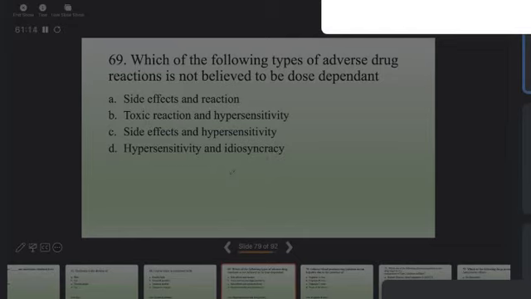So what is idiosyncrasy? Drug tolerance. Right, drug tolerance. Okay. Specific enzyme is an option. Oh, no, just give me what is the meaning of being idiosyncratic?